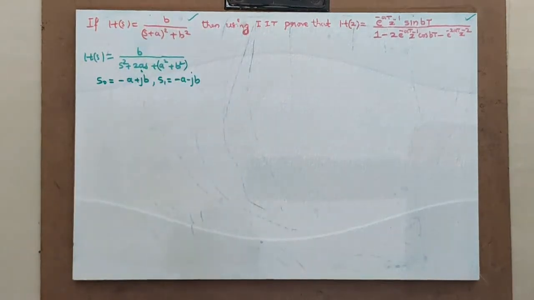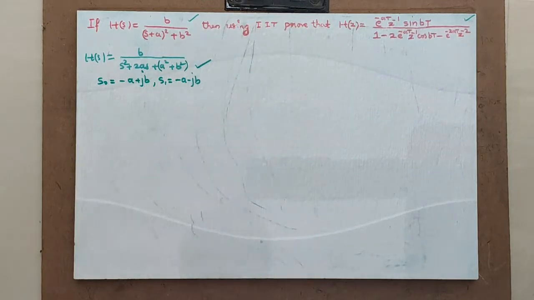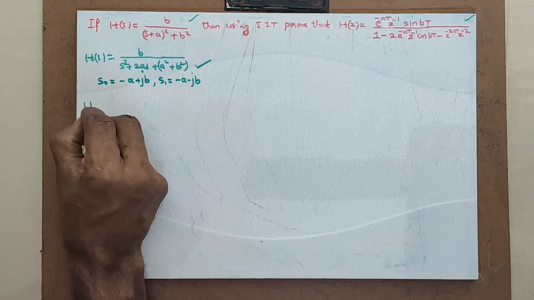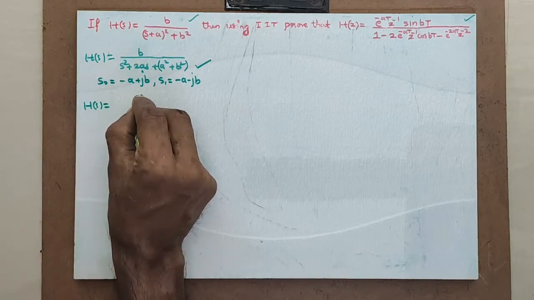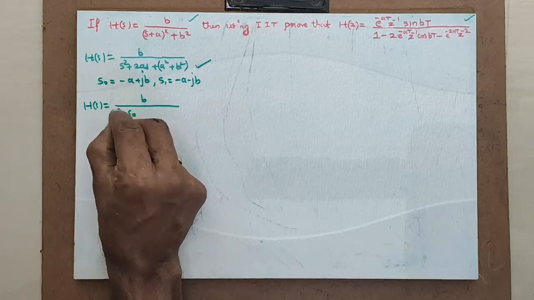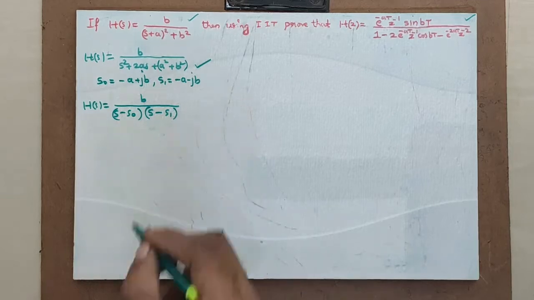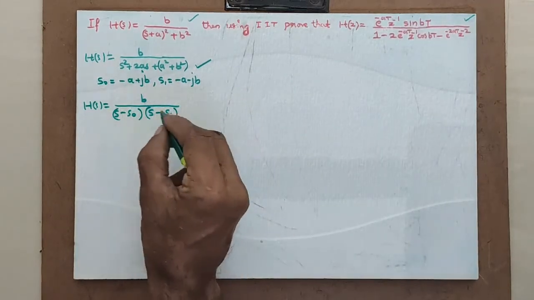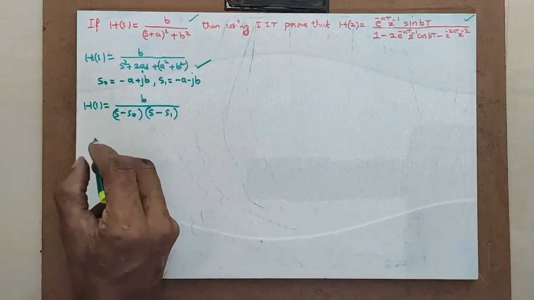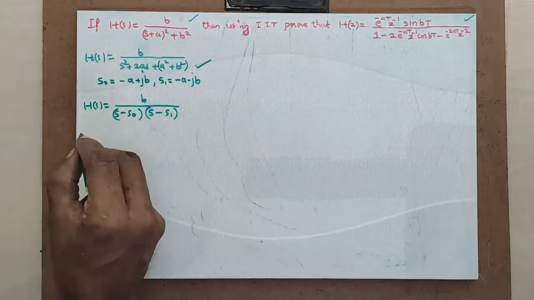This type of equation you have come across where Chebyshev filter designs, isn't it? Hence I shall not complicate this. I shall write H(s) is equal to b divided by (s minus s0) multiplied by (s minus s1), where s0 and s1 are the complex conjugate roots. Now I have to use partial fraction expansion, isn't it?